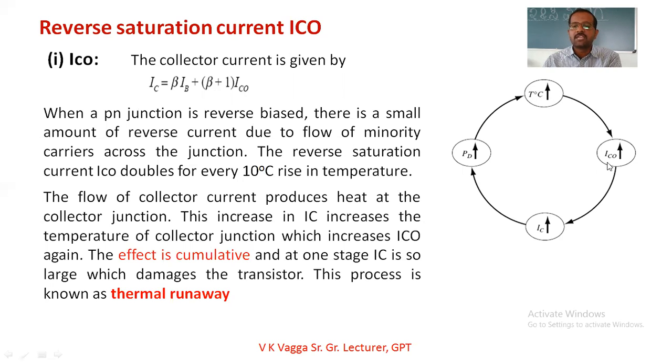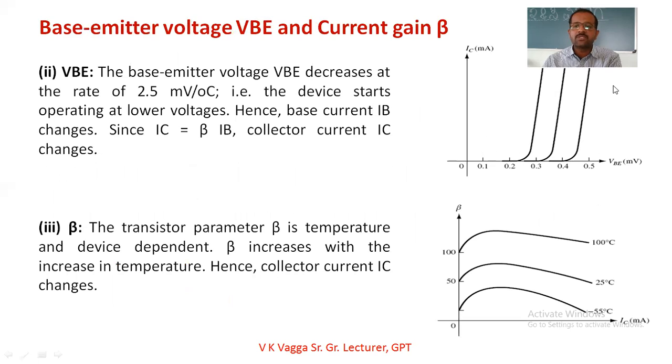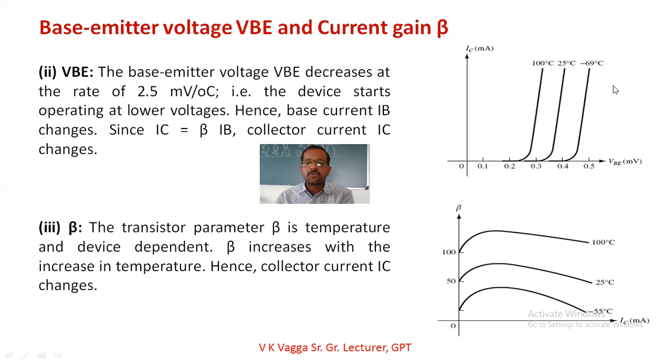In the case of the base emitter voltage, increasing the temperature decreases the voltage, but increasing the temperature increases the value of the gain beta. In this way, the values of ICO, VBE and beta affect the stability factor.